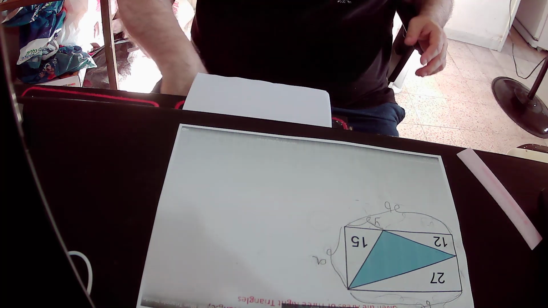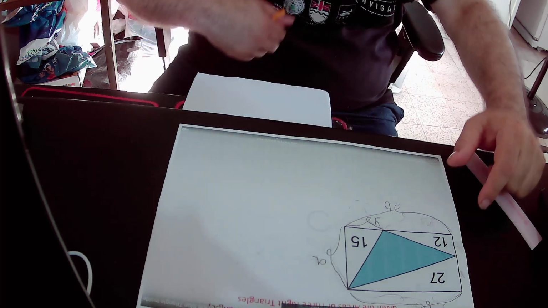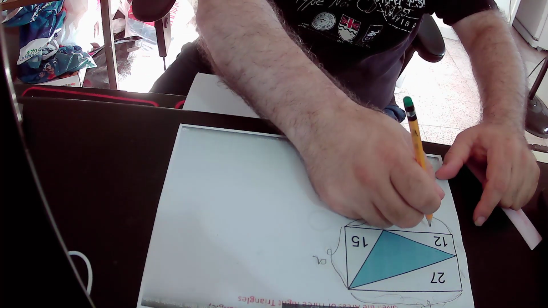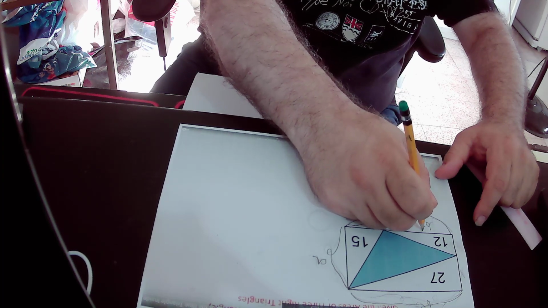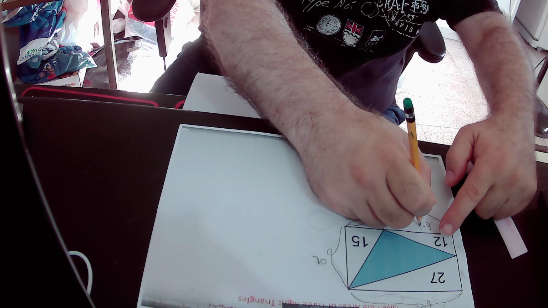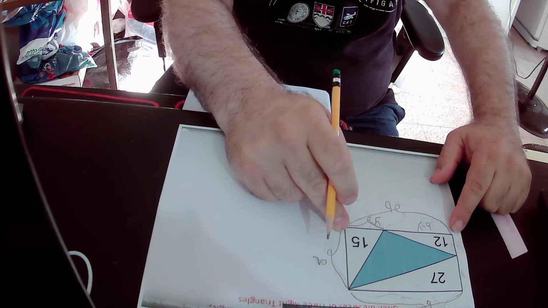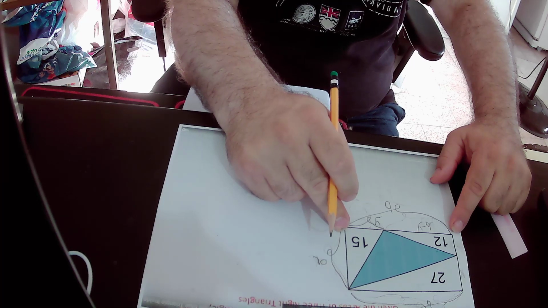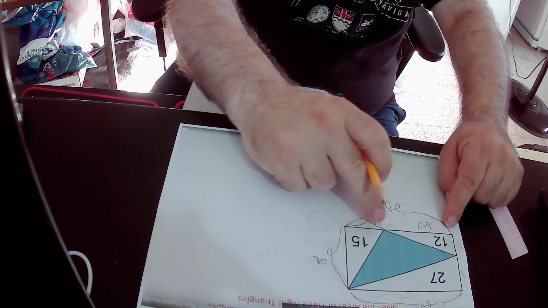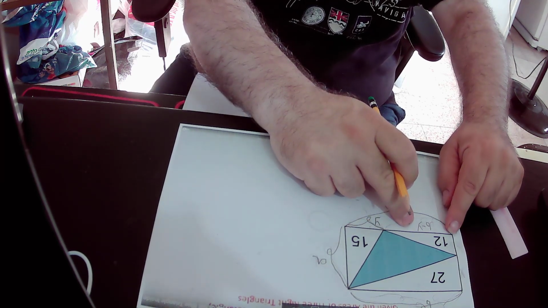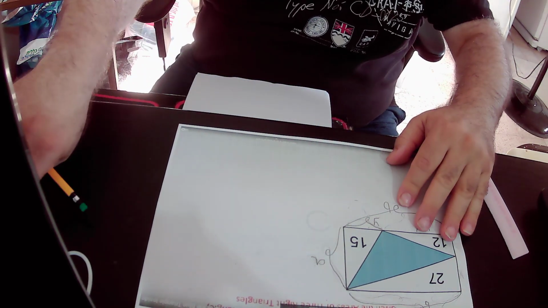So you can see immediately that b minus y will be equal to the base of the triangle whose area is 12 units. The width of the rectangle minus the base of this triangle equals the base of the triangle whose area is 12 units.